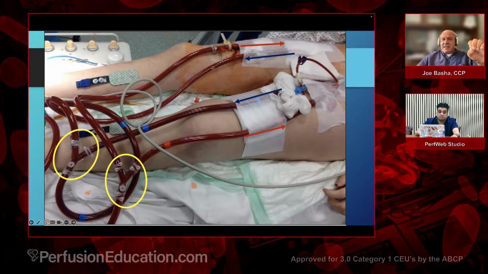Why is this brighter than this? Why is this the same brightness as this and this? Anybody can answer that question? You win a special prize. So whoever's monitoring the YouTube chat or the PerfWeb system or whatever, Facebook, LinkedIn, tweeters, the X-tweeter, whatever it's called, see if anybody gets that.